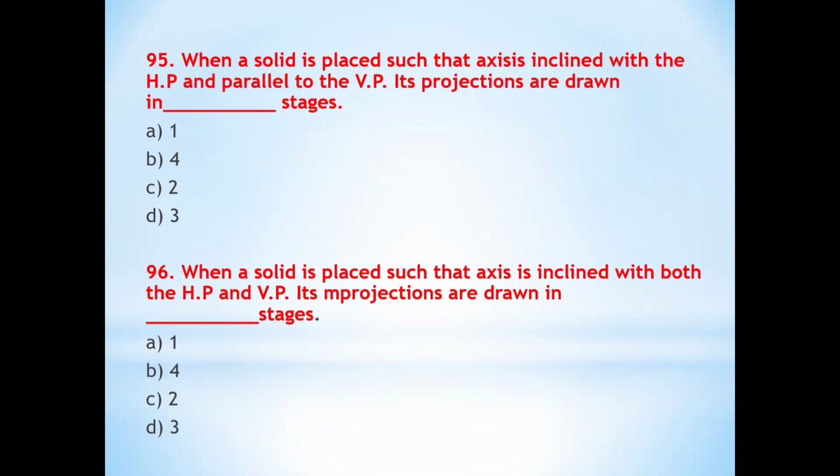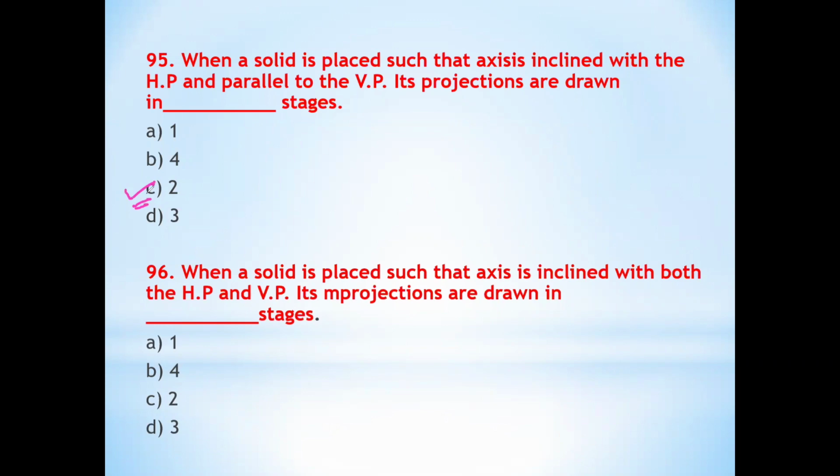But the axis makes an angle with respect to only one plane, only the HP. So again we can draw its projections in only two stages, as the solid is inclined with respect to only one plane. So here also option C will be correct.